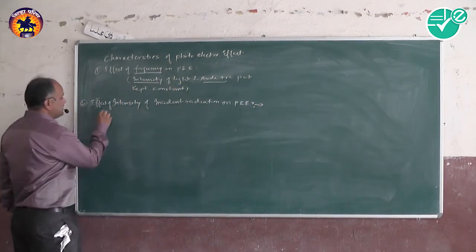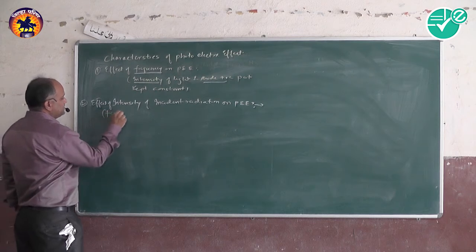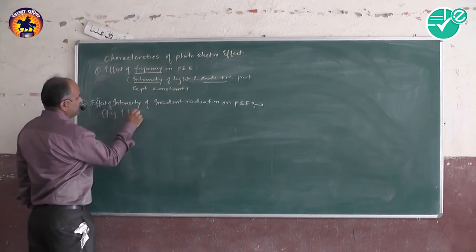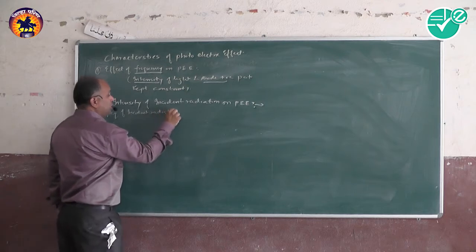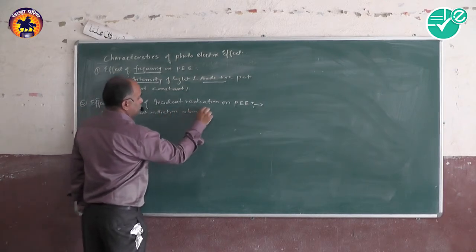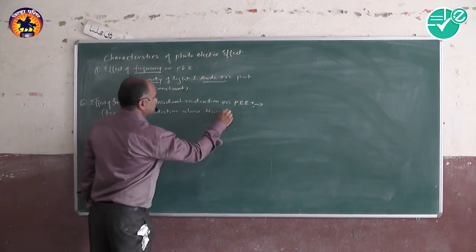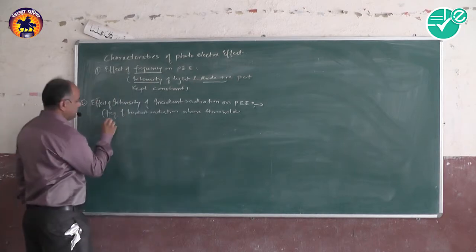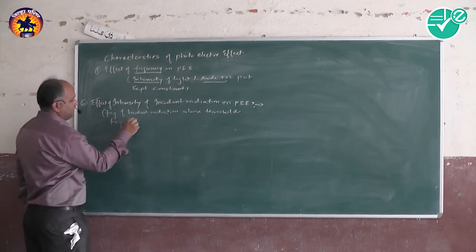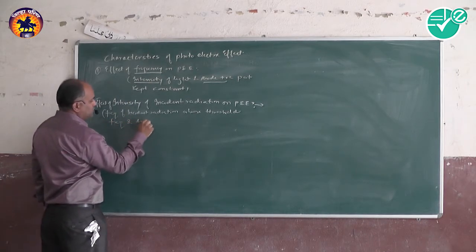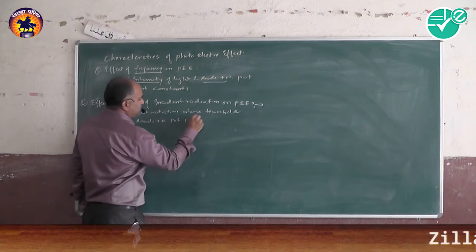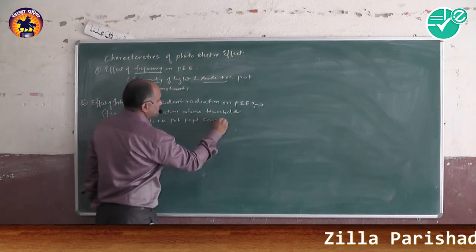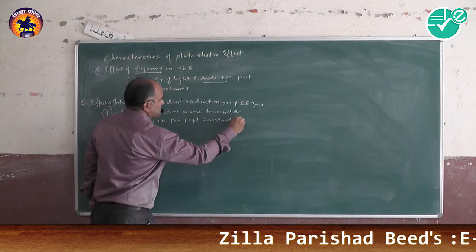Here, the frequency of incident radiation above threshold frequency and the anode positive potential are kept constant.